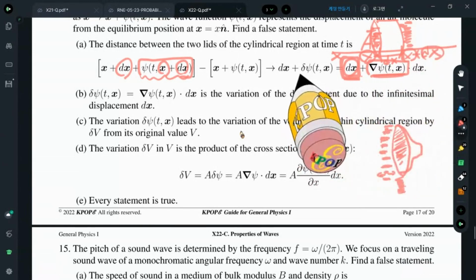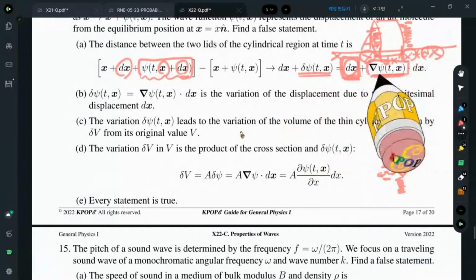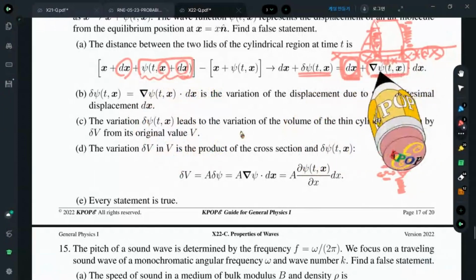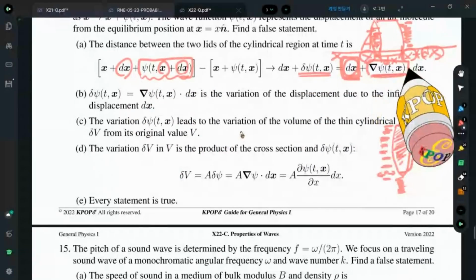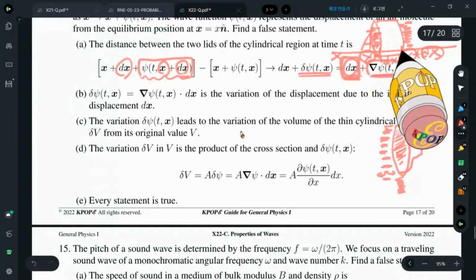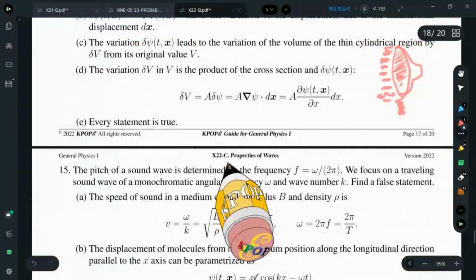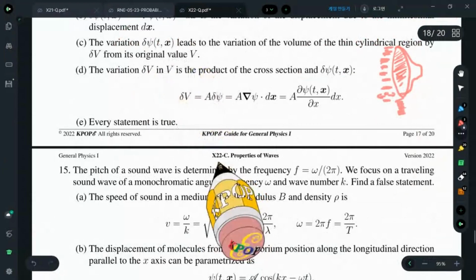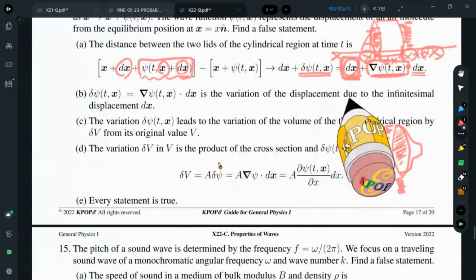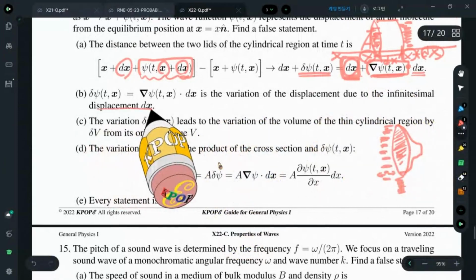So we call this one delta, the gradient change of this fluctuation multiplied by the displacement dx. So it is the variation of fluctuation due to the infinitesimal displacement dx.